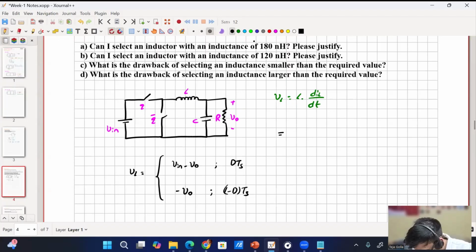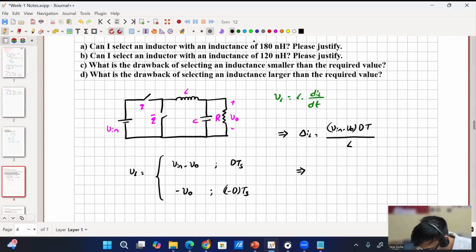So if I consider the first one, then ΔIL is (V_in minus V0) into D into time period T, or I can write it as switching frequency, by L. Now I will convert everything in terms of V_in and V0 because the data given is V_in and V0. I don't want it in terms of duty ratio.